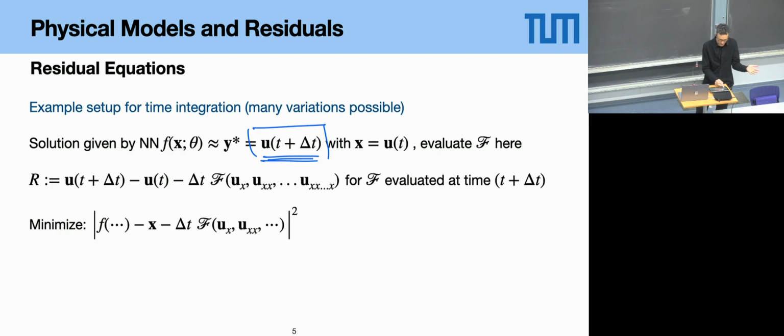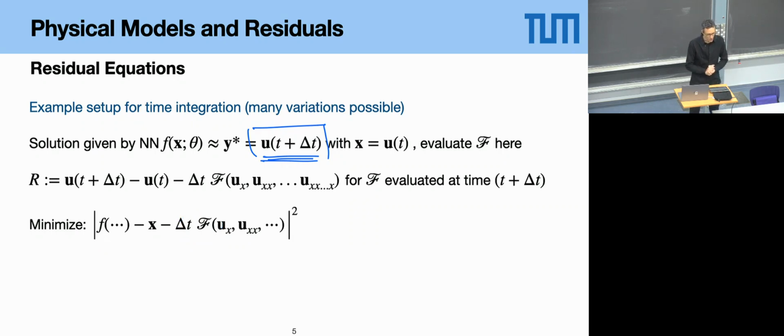So if we compute this whole thing, we take f minus our time derivative times time step minus the previous state, then all this should be 0. If it's not 0, there's something wrong. So we minimize the squared error and try to bring this down to 0, to make sure that whatever our f does, our learned function actually satisfies these physical constraints.